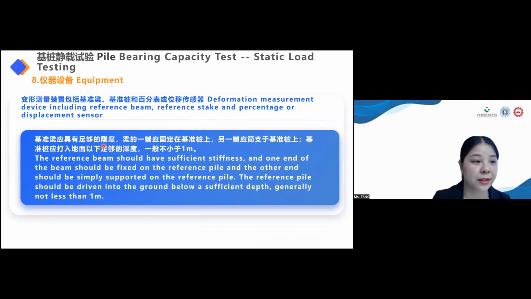Deformation measurement device includes reference beam, reference pile, and the dial gauge or displacement sensor.